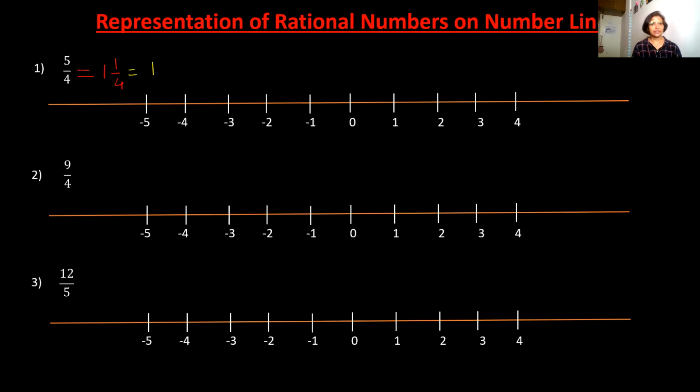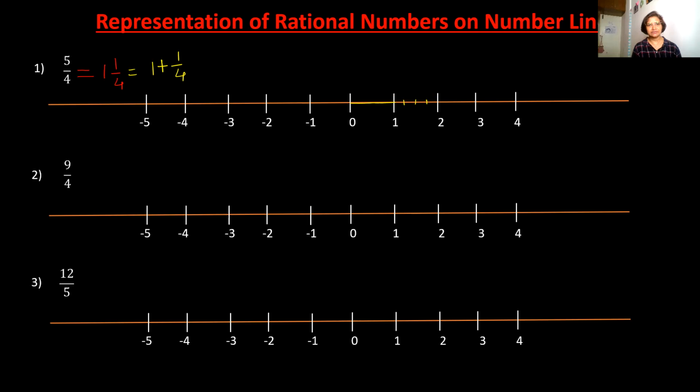So you can write it as 1 plus 1 by 4, means one whole number you are getting here, and 1 plus 4. It will be very easy. And 1 by 4 means out of 4 parts, you have to take 1 part. So this will come till here, and then between this 1 and 2 you have to divide this in 4 equal parts, because now it is a fraction.